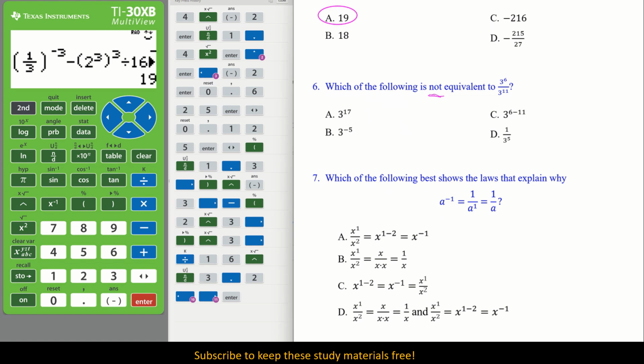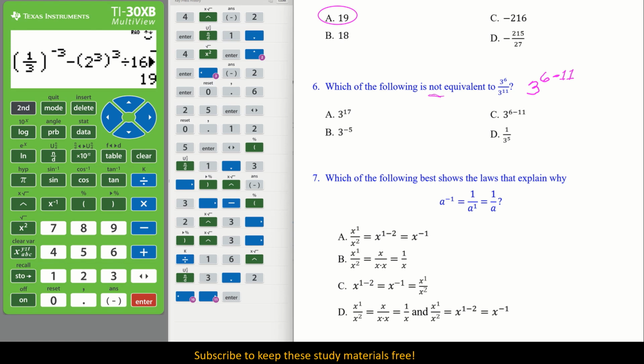What you need to remember from your rules of exponents is that when we have these exponents in a division situation, that means subtraction. That means that you have the same base. So you take the exponent of the numerator and subtract the exponent of the denominator.